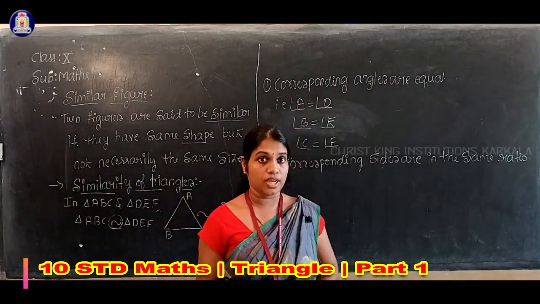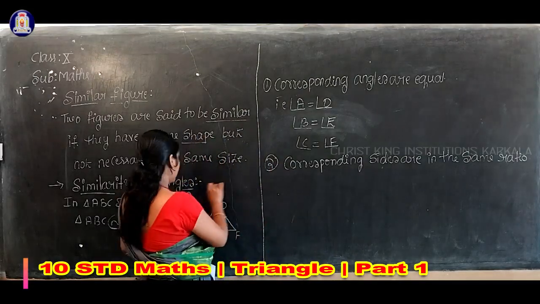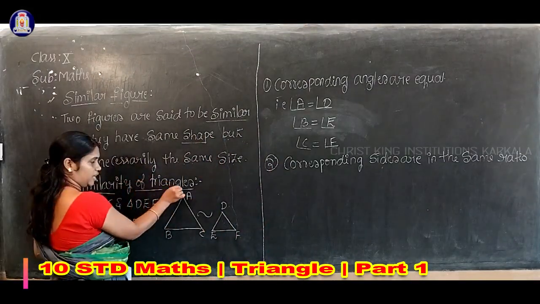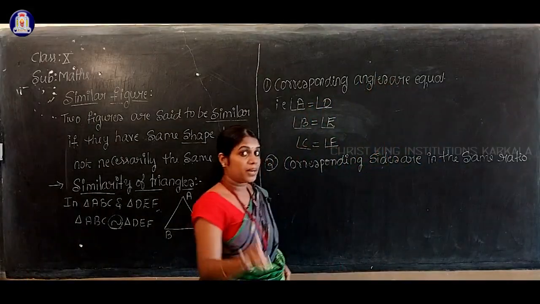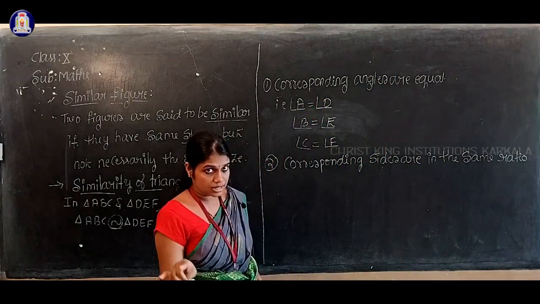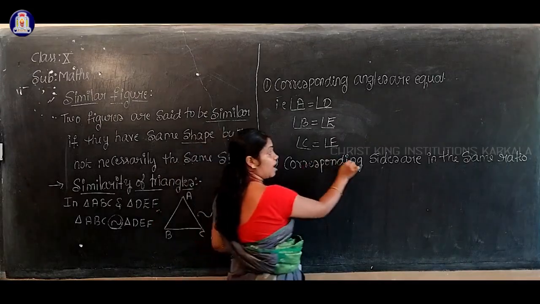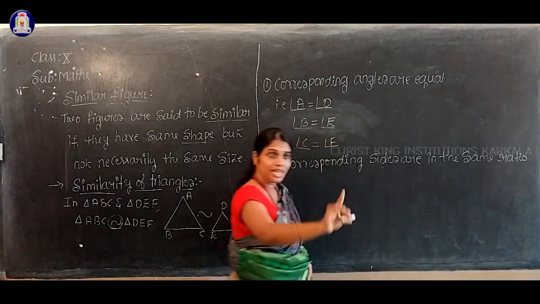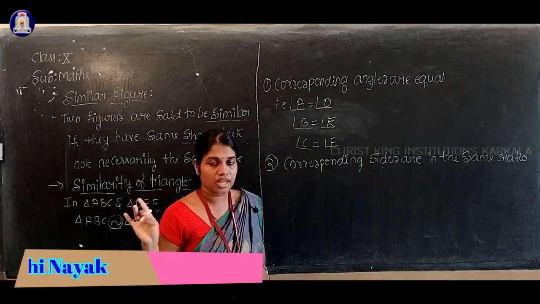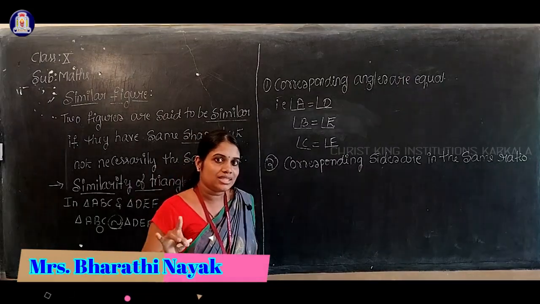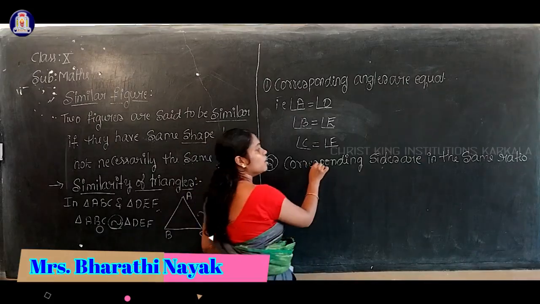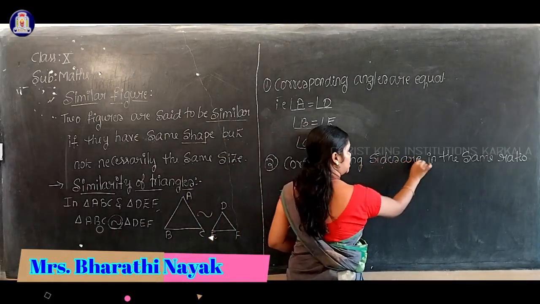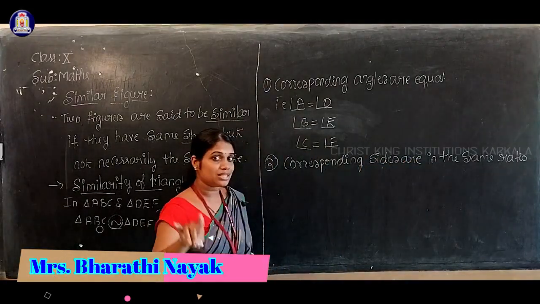But in the case of similarity of triangles, corresponding angles are equal, but corresponding sides are in the same ratio; they need not be equal. If they are equal, then it is a congruent triangle. If their corresponding sides are in the same ratio, then it is a similar triangle.